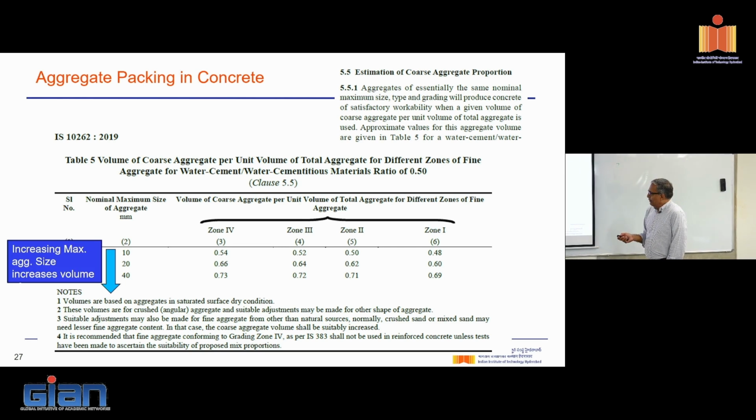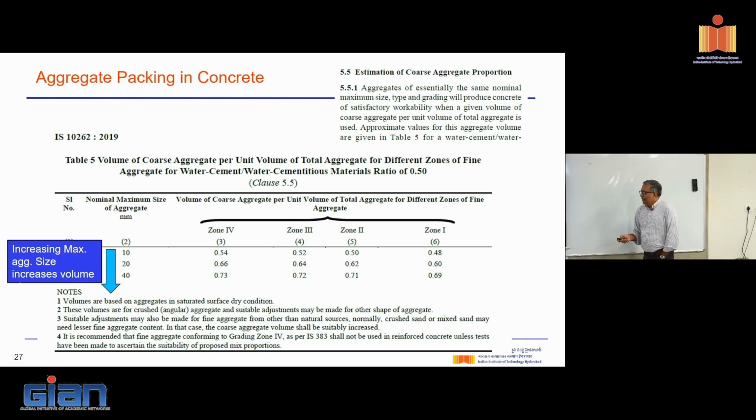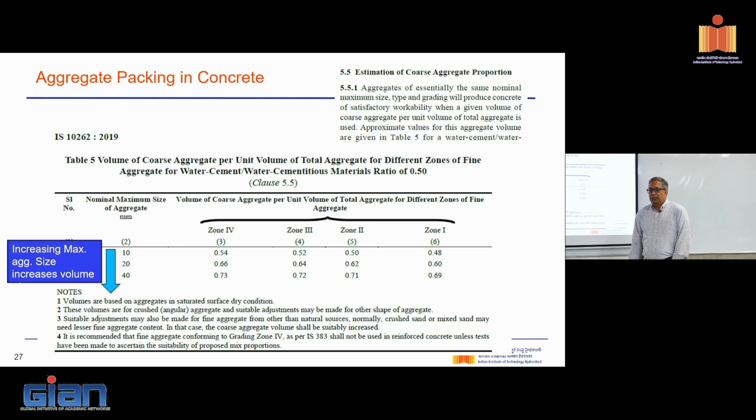So if you look at it, starting with the nominal maximum size of aggregate, you presume that these aggregate, which are coarse aggregate, are well graded, which means they themselves pack well. Suppose I start with 40 mm size and I'm given zone 2 sand, then I know 0.71 would be the volume fraction of coarse, which means 0.29 is the expected fine that would give me high packing, right?